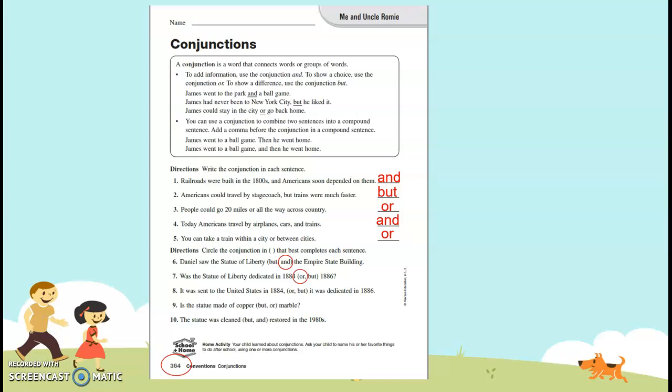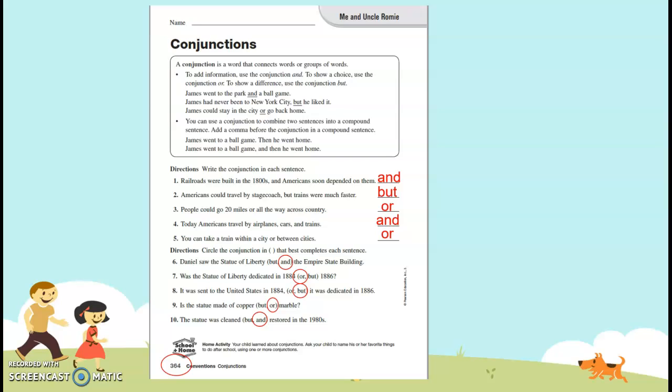Number 8. It was sent to the United States in 1884. Oh, but. Number 9. Is the statue made of copper but or marble? Or. Number 10. The statue was cleaned and restored in the 1980s. Okay?